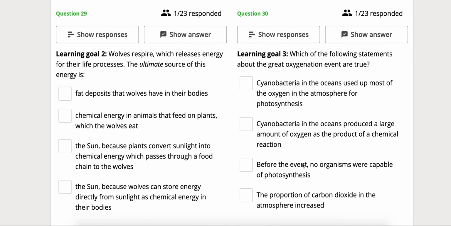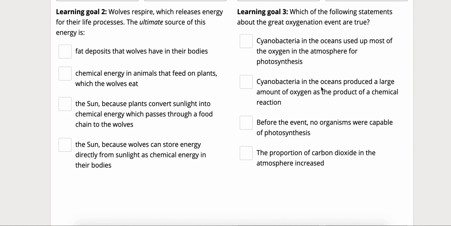With question 30, which of the following statements about the Great Oxygenation Event are true? Cyanobacteria in the oceans used up most of the oxygen in the atmosphere for photosynthesis. Cyanobacteria in the oceans produced a large amount of oxygen as the product of a chemical reaction. Before the event, no organisms were capable of photosynthesis.